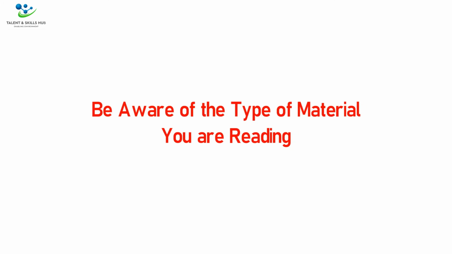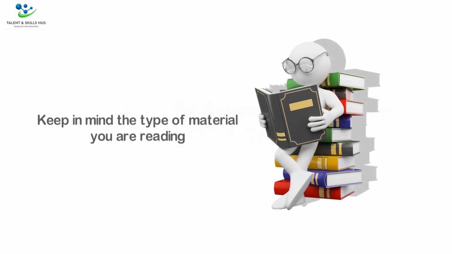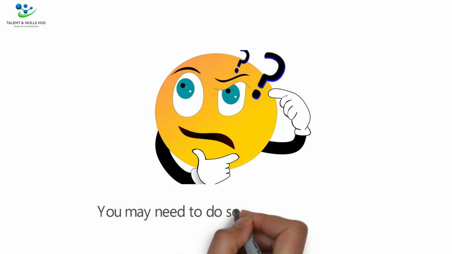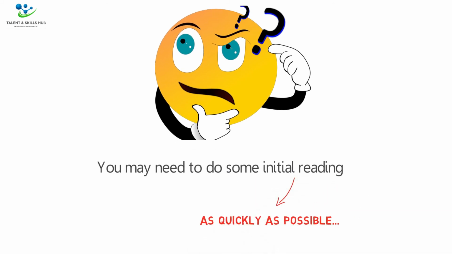Be aware of the type of material you are reading. You will improve the quality and efficiency of your reading if you keep in mind the type of material you are reading. This may not be immediately apparent, and you may need to do some initial reading to establish the type of text you have. Do this as quickly as possible and adjust your reading type to suit.